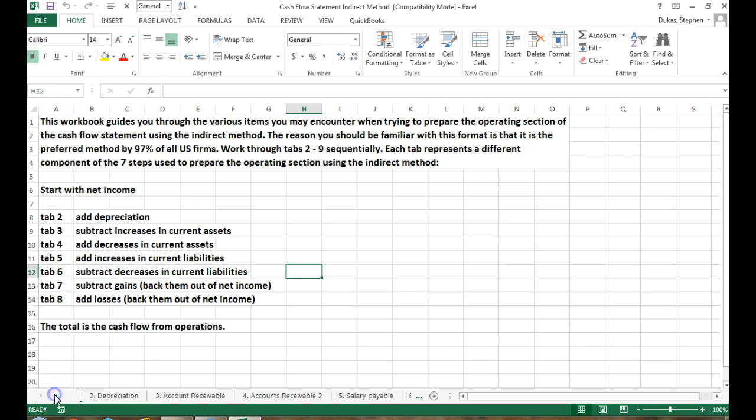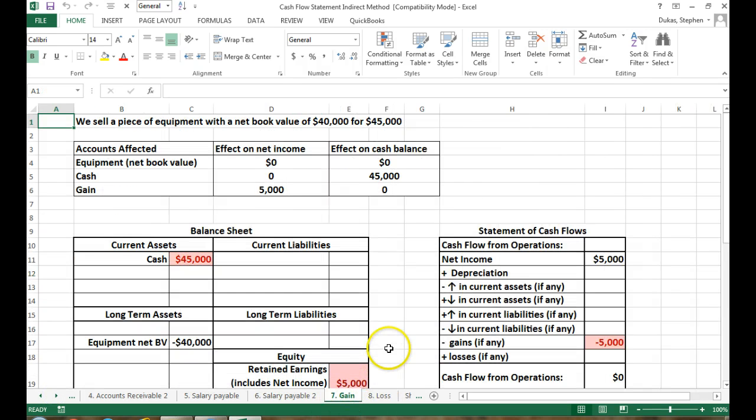The next two are perhaps a little bit more complicated. Let's take a look at what would happen if we sell a piece of equipment with a net book value of 40 for $45,000. In this case, what's going to happen? We have to eliminate the net book value of the equipment.